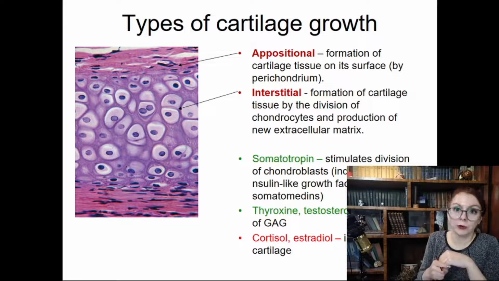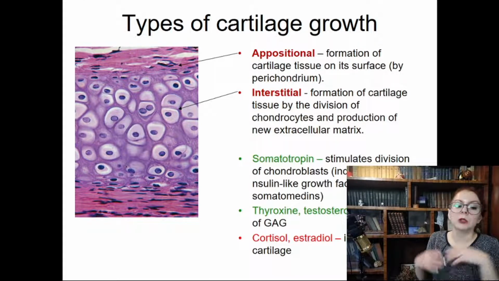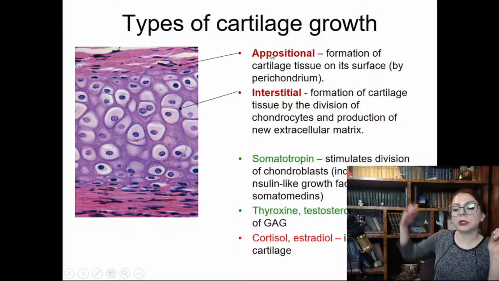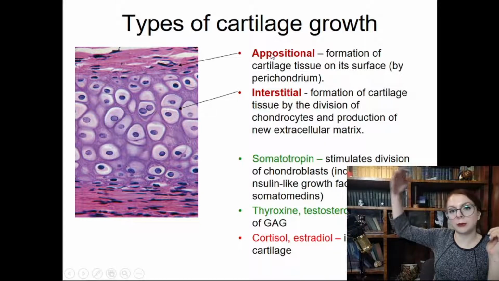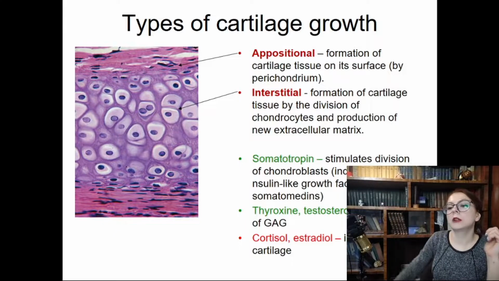The active growth of the skeleton is accompanied first of all by the growth of our cartilages. Cartilages grow under the action of a set of hormones we'll consider later, and there are two types of growth. The first one is when cartilage tissue is added at the periphery, and this is what we call appositional growth, and it is provided exactly by the perichondrium.